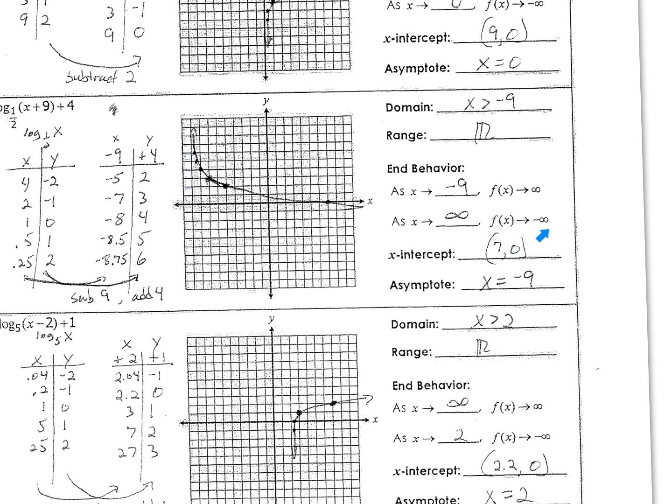And as the function is approaching negative infinity, that's this direction here, you can see that the x values are approaching positive infinity. We have an x-intercept of -7, 0. You can see that on your table in your calculator. And then again, the asymptote is x equals -9, okay?